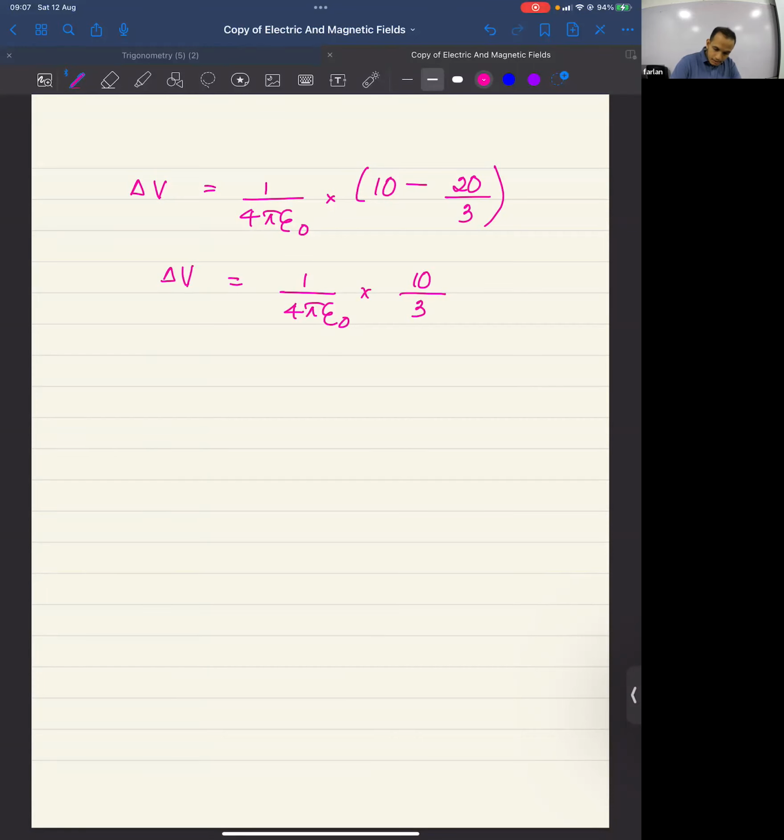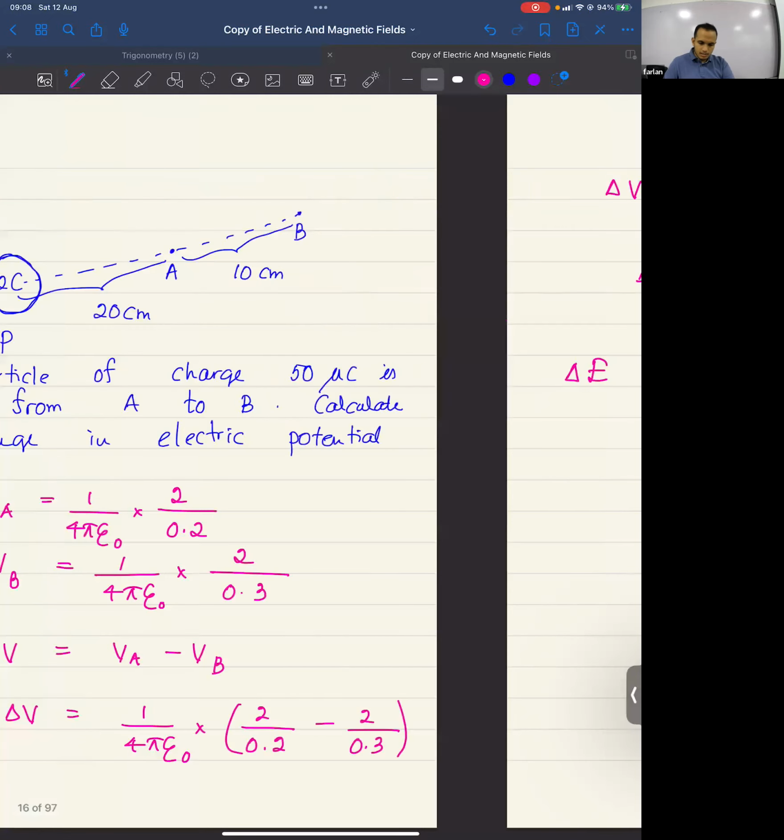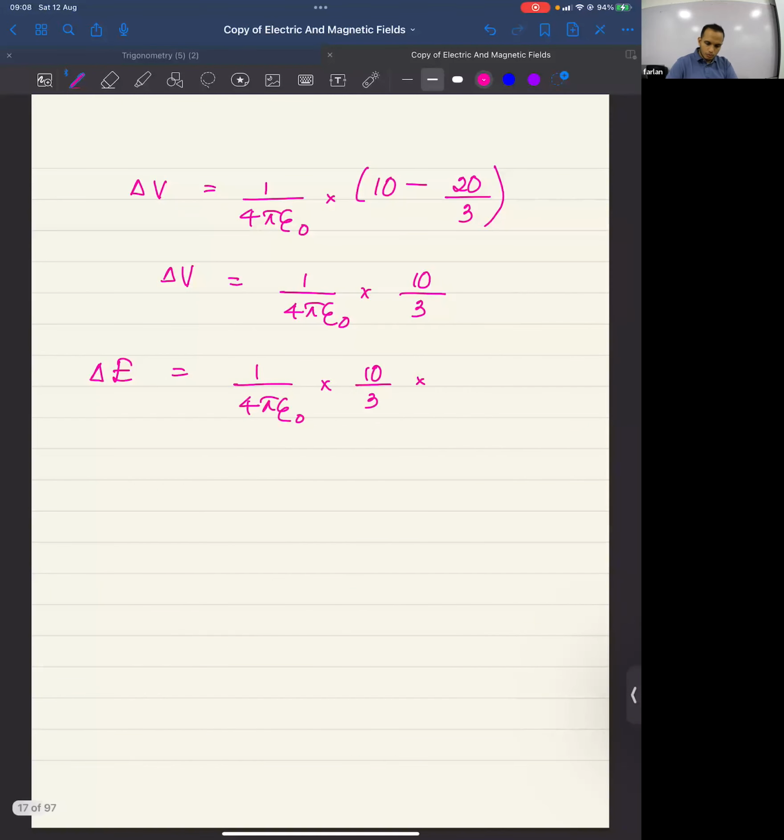So the electric potential energy change, I will take it as delta E, is this 1 over 4 pi epsilon naught times 10 over 3, which is the potential difference, multiplied by the charge. What is the charge that you are moving? 50 microcoulombs, 50 into 10 to the power minus 6. Correct? Now tell me what is 1 over 4 pi epsilon naught? 8.99 into 10 to the power, 9 or minus 9? 9.